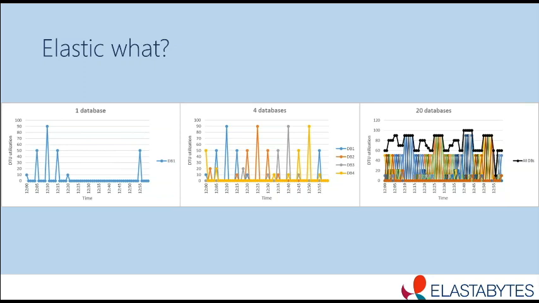For example, in the left diagram, I have one database that uses DTU resources in Azure, and the database is not using much of the resources based on DTU utilization. As we add more and more databases which have different profiles and different utilization, we can use it as a benefit to maximize the usage of the service you have initially paid for.